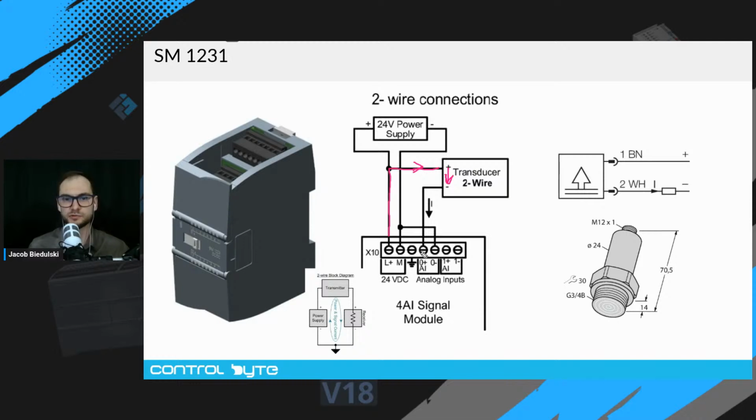In the analog module, the current flows from plus to minus, so inside it flows like this. You have the path in the sensor from plus to minus, and if you know the current flow direction in the analog module, you will know that the current should flow to the 0 plus terminal, okay?